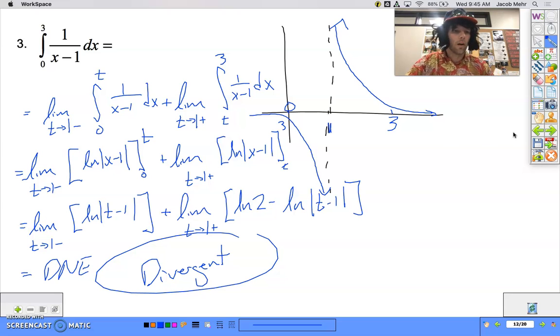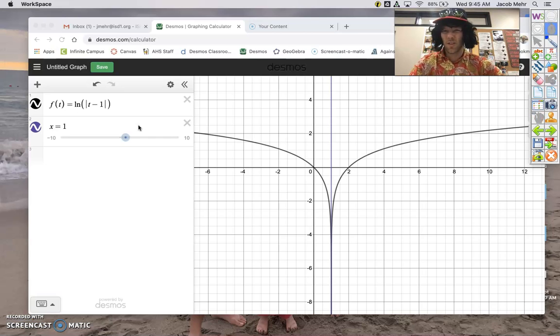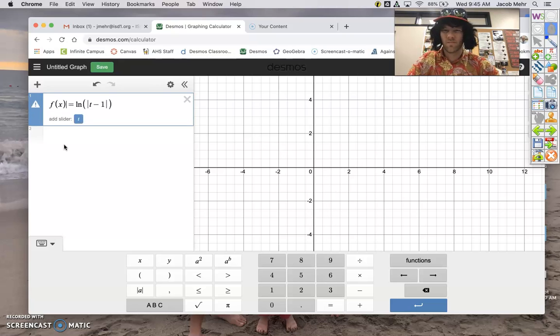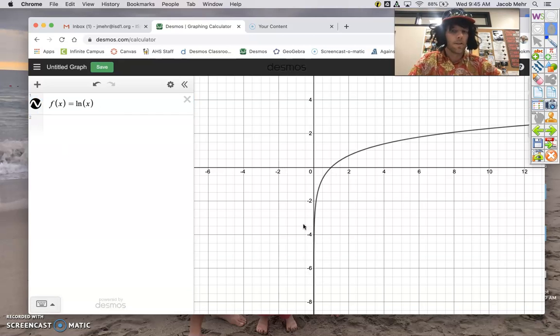All right, let's look at one more. Integral from 0 to 1 of just the natural log of x dx. So here we have the vertical asymptote on the left because we're interested in the integral from 0 to 1, which would be this region below the x-axis.